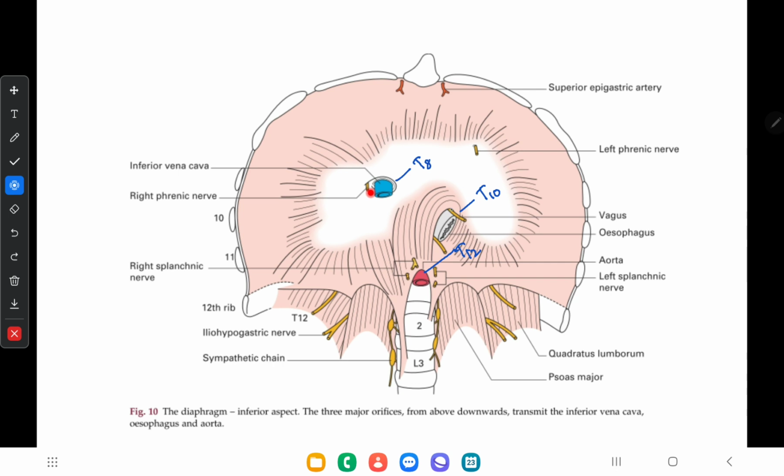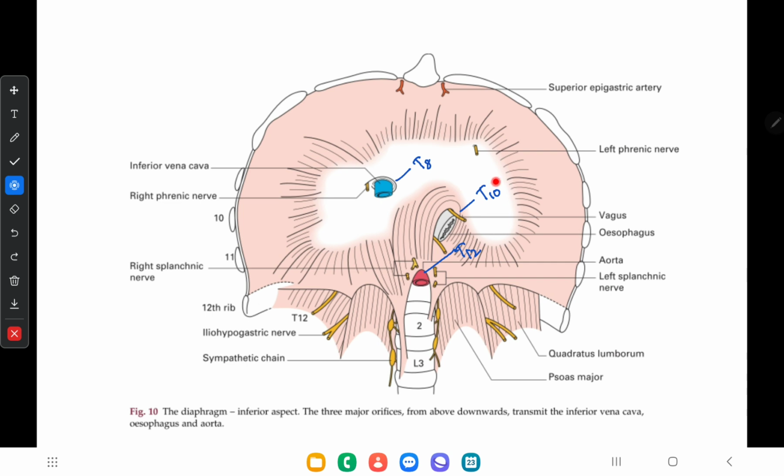Then, second opening is esophageal hiatus. I told you previously as well, some fibers of the right crus of the diaphragm go towards the left side from the midline and encircle the lower end of the esophagus, that is esophageal hiatus. It is at the level of T10 or 10th thoracic vertebra.